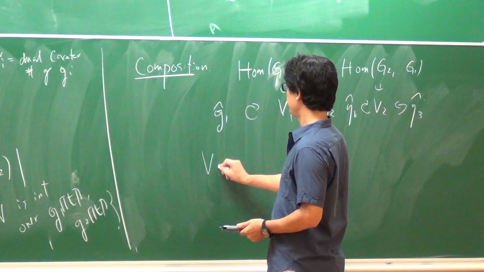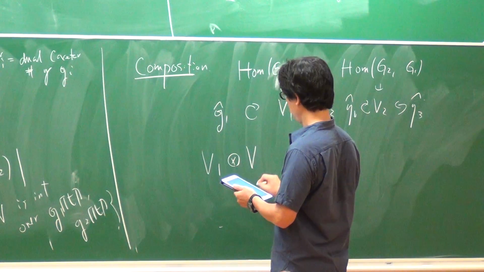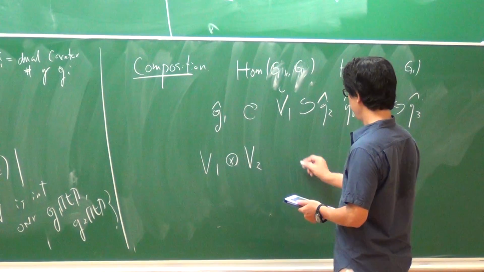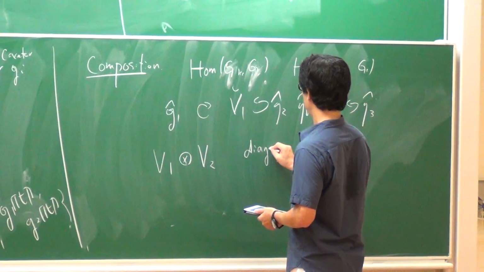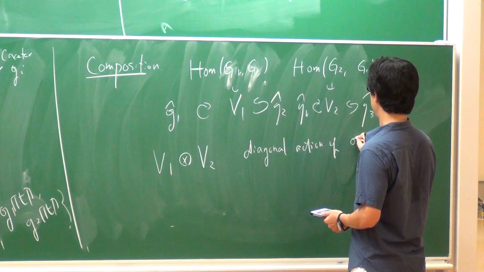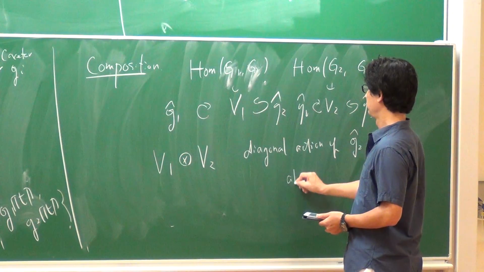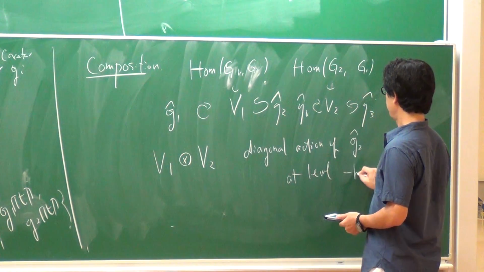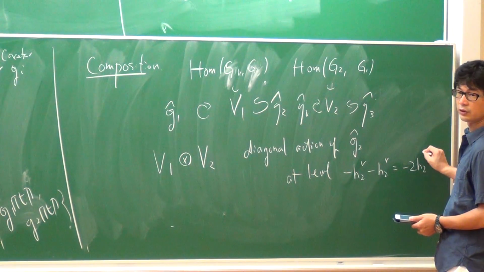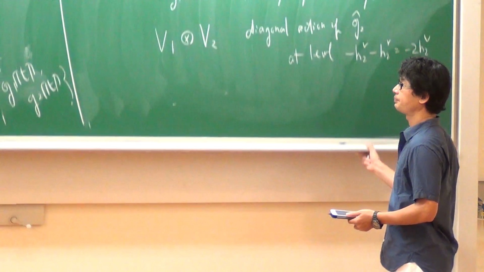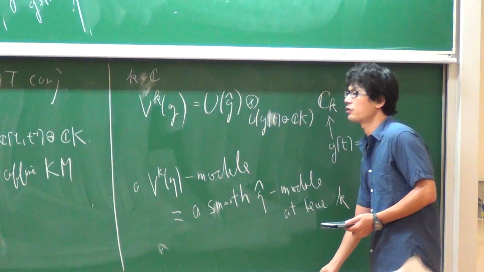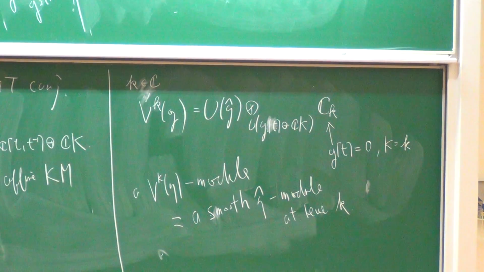And then if you consider the tensor product of these two vertex algebras, there's a diagonal action of G2 hat at level minus h2 check minus h2 check, which equals minus 2 times h2 check. And at this level, we can do the following reduction of the motions.